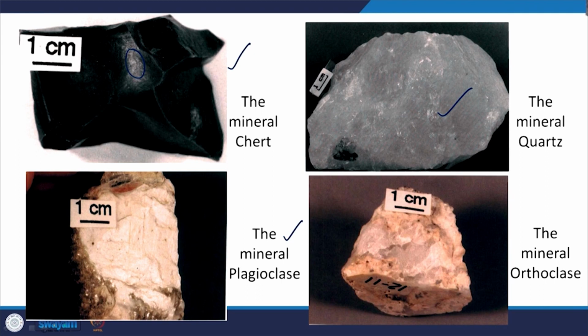So, you can see that these surface striations are present. Now look at this mineral orthoclase. Again here there are two cleavage planes at 90 degree, but there is an absence of surface striation. So this surface striation differentiates between these two minerals, plagioclase and orthoclase.